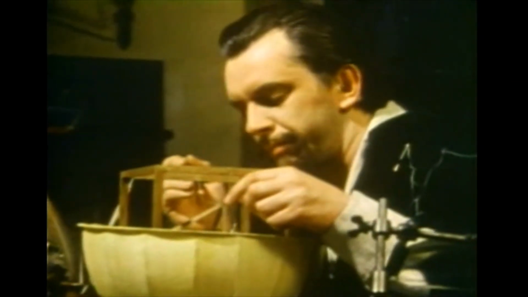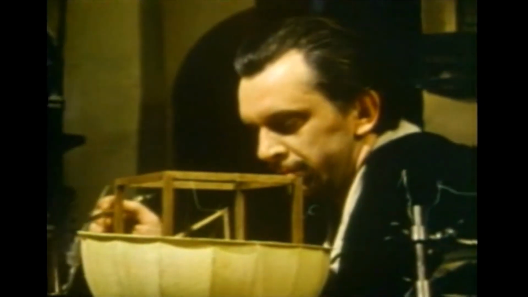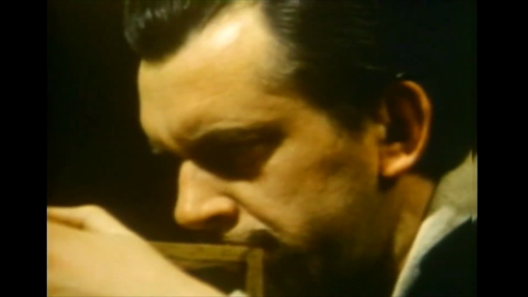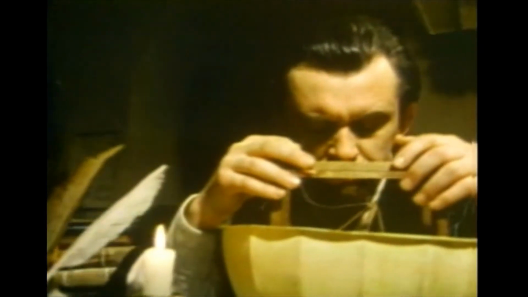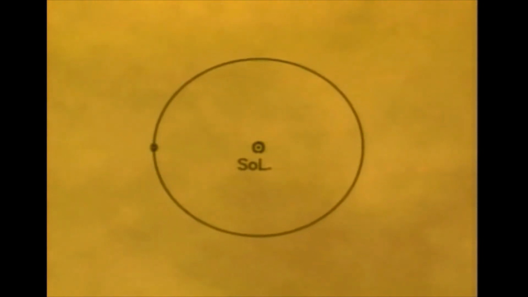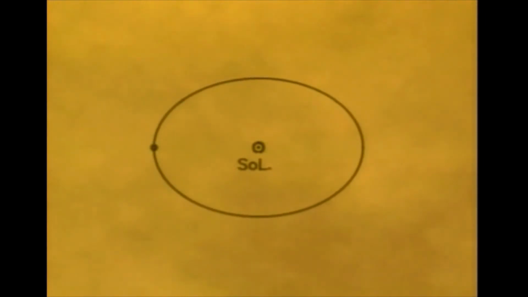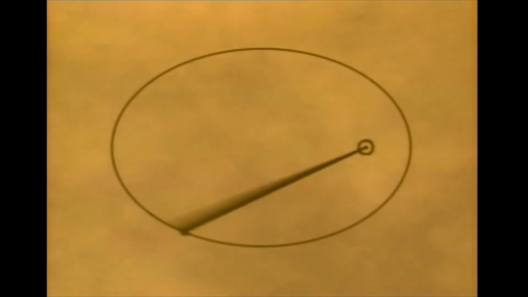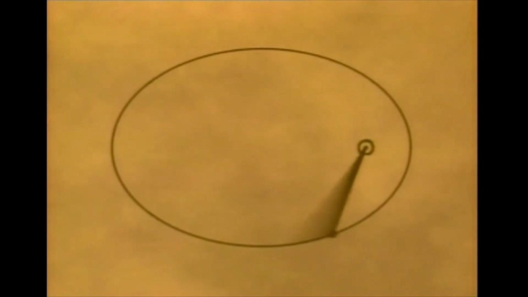These secrets were revealed, perhaps even paraded as the spoils of the war with Mars, as Kepler's 3 laws. Kepler's first law states that each planet orbits in an elliptical path with the Sun at one focus. As a planet moves around the Sun, the vector from Sun to planet sweeps out equal areas in equal times.